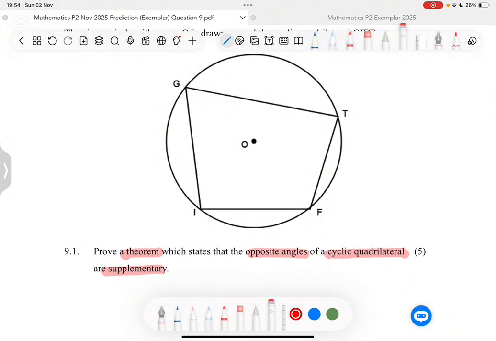Now, when you answer this question, the very first thing that you do is tell the person who's going to mark your question paper that you have constructed those lines. It means you put this statement to say draw IO and TO.